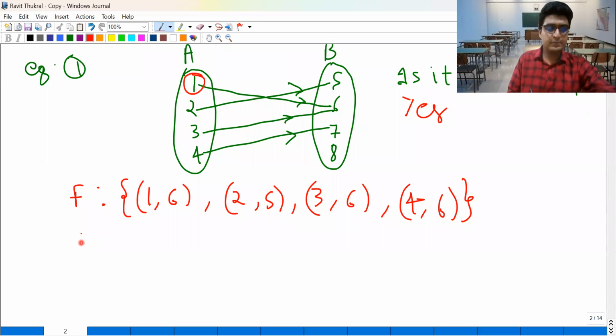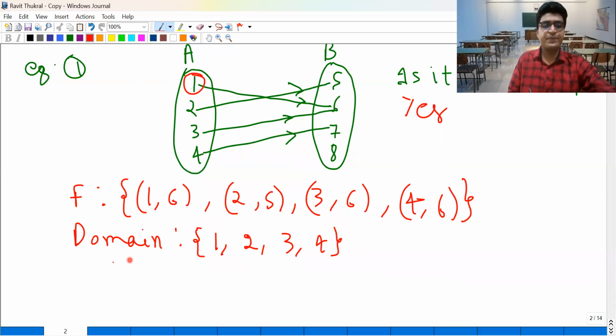So now the thing is, what is domain? So clearly, domain contains the elements 1, 2, 3, and 4, right? Codomain is clear. Codomain is set B, which contains 5, 6, 7, and 8.